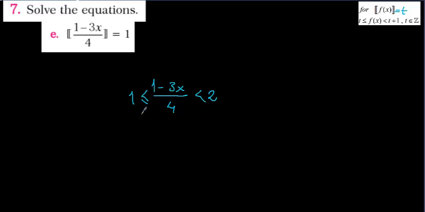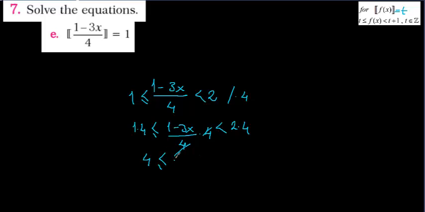And this time we have a denominator here, 4, so we have to multiply all the expressions by 4. 1 times 4 is less or equal to 1 minus 3x over 4 times 4, less than 2 times 4, which is 8. This 4 and this 4 simplify each other. 1 minus 3x is less than 8 for the first step.